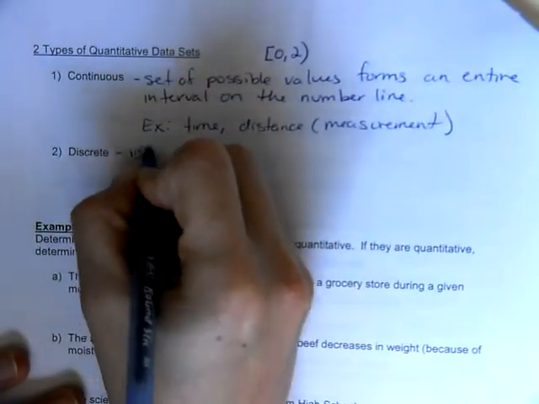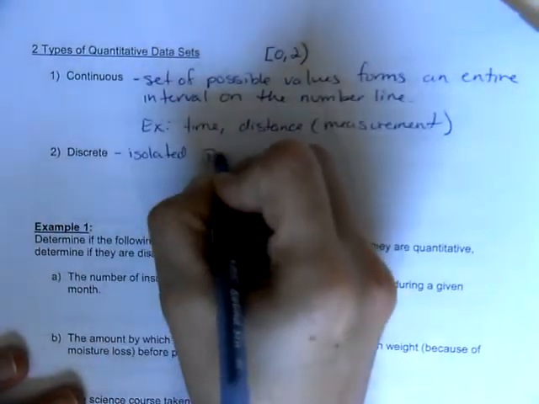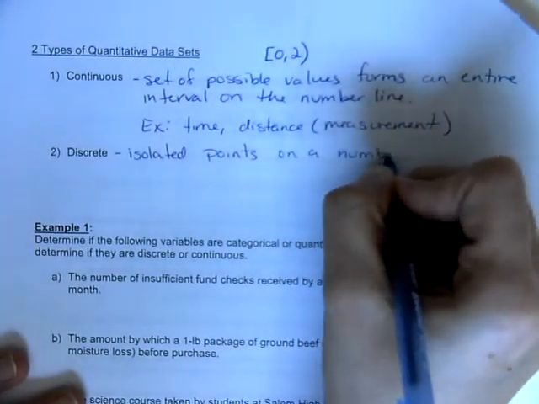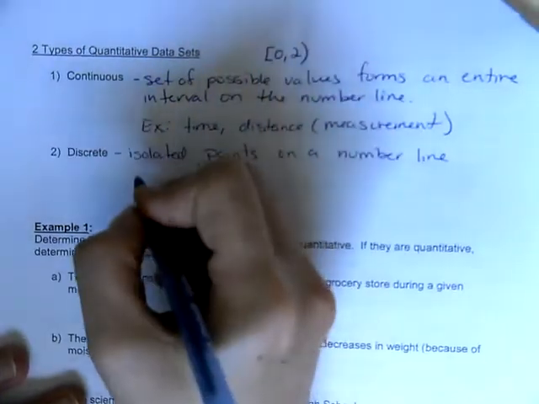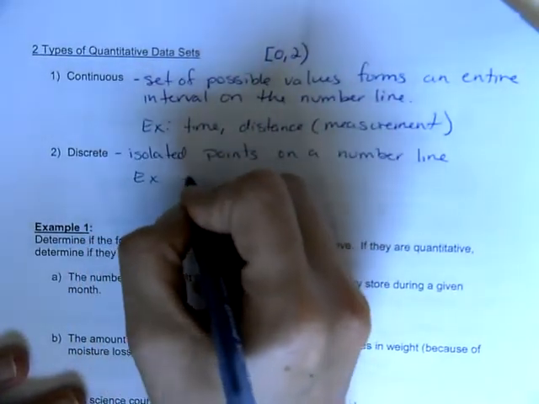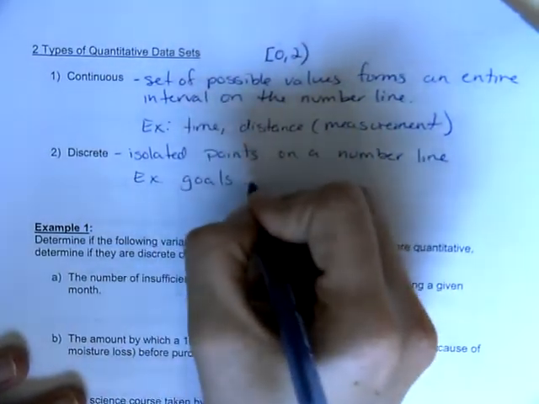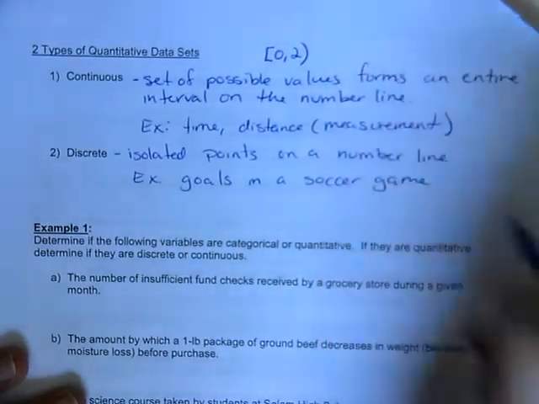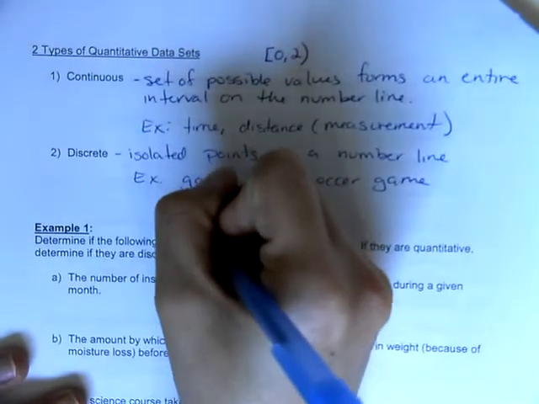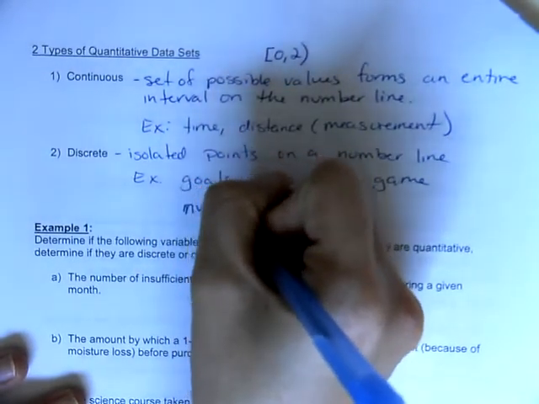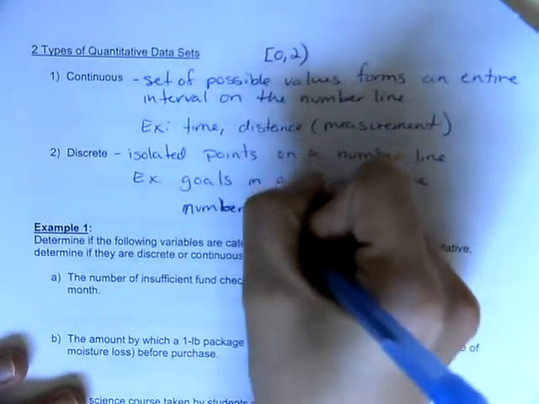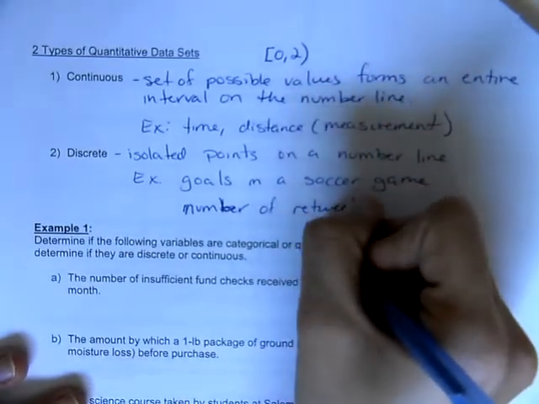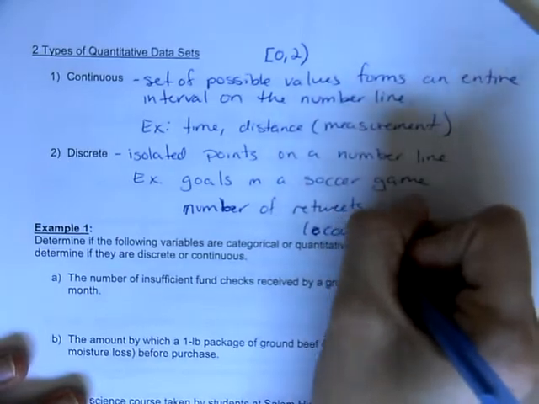Discrete, think of isolated points on a number line. So for example, goals in a soccer game. Number of retweets. So anything where you're counting. So think counting.